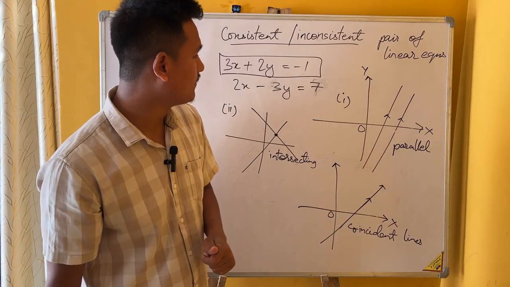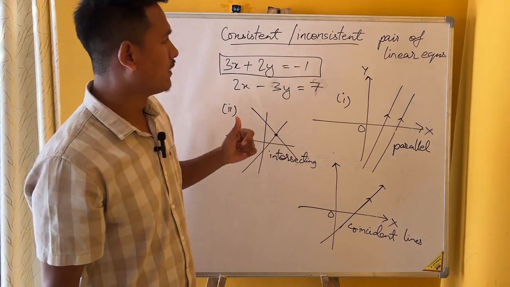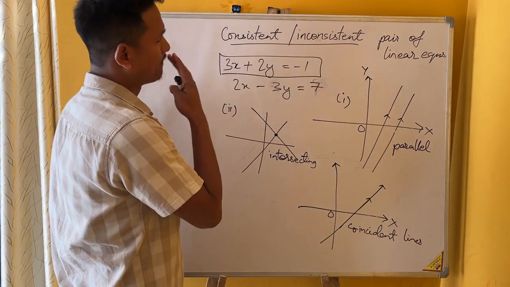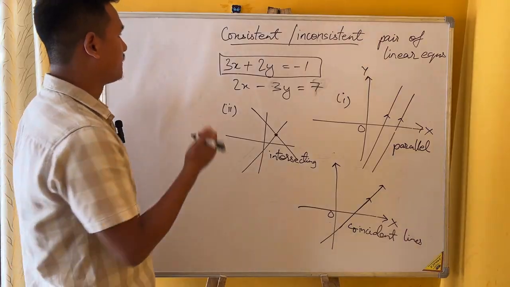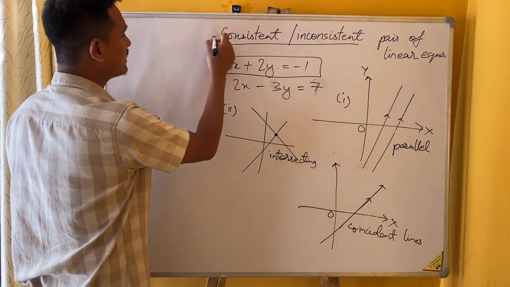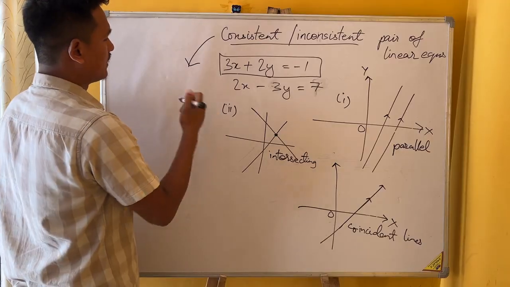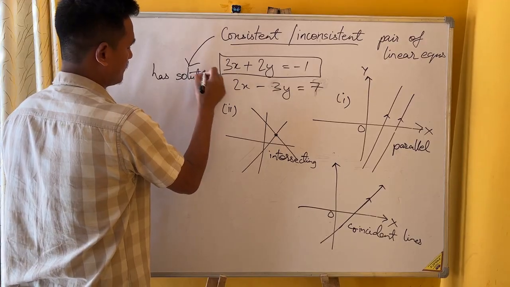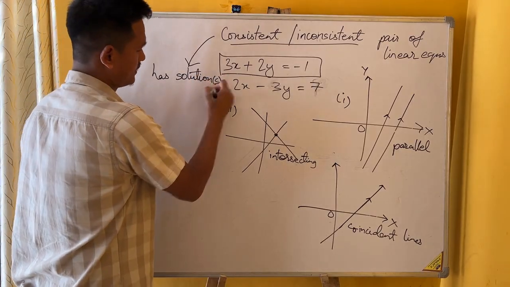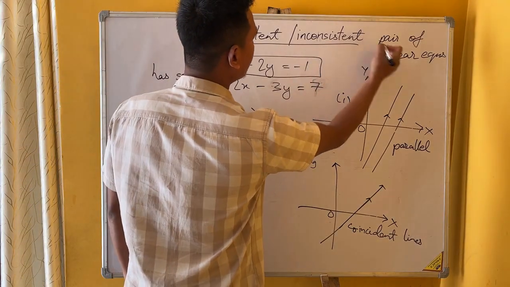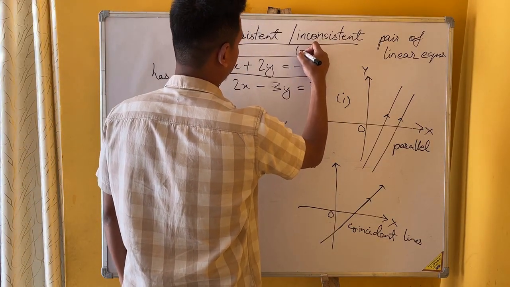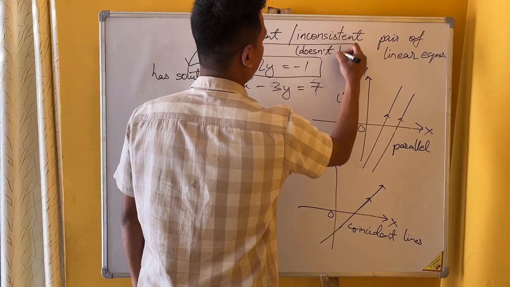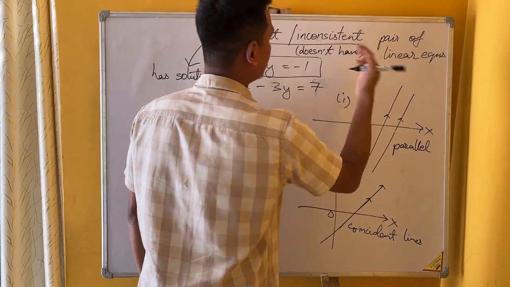And another thing is consistent and inconsistent. When we say consistent and inconsistent pair of linear equations, we should know that a consistent pair of linear equations means it has a solution or solutions, while an inconsistent pair of linear equations means it does not have a solution.